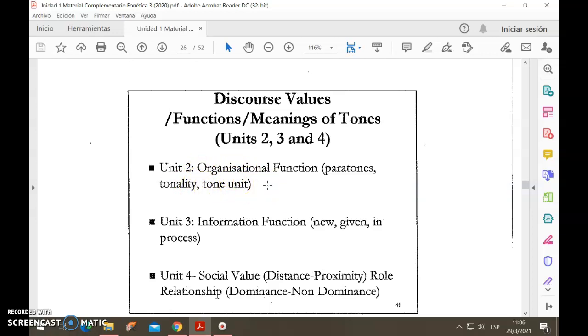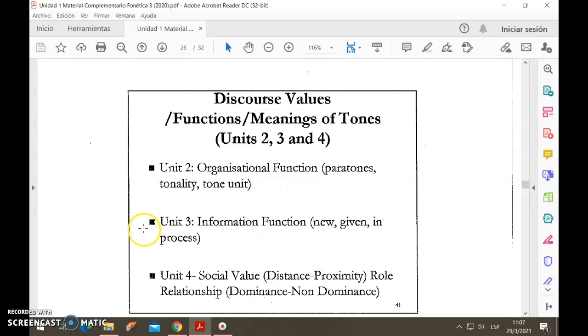All of this has to do with the organizational function, and it includes two structures: key, that is to say pitch height, and pause.